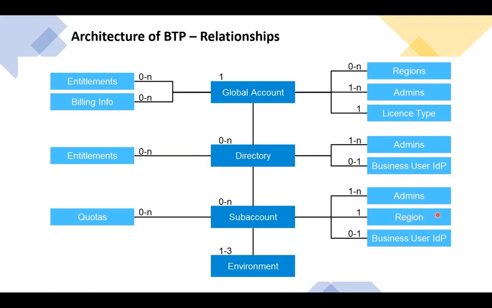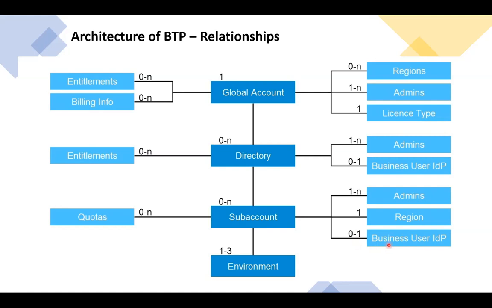It's a 1-to-1 relation. Okay, business user IDP. This IDP is the identity provider. Whatever identity provider we use, no need to get confused. It's just whether we are using form-based authentication or single sign-on authentication.